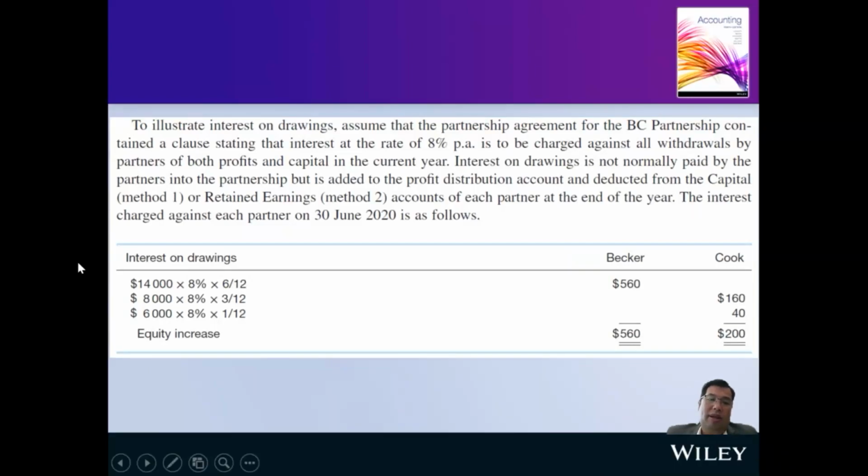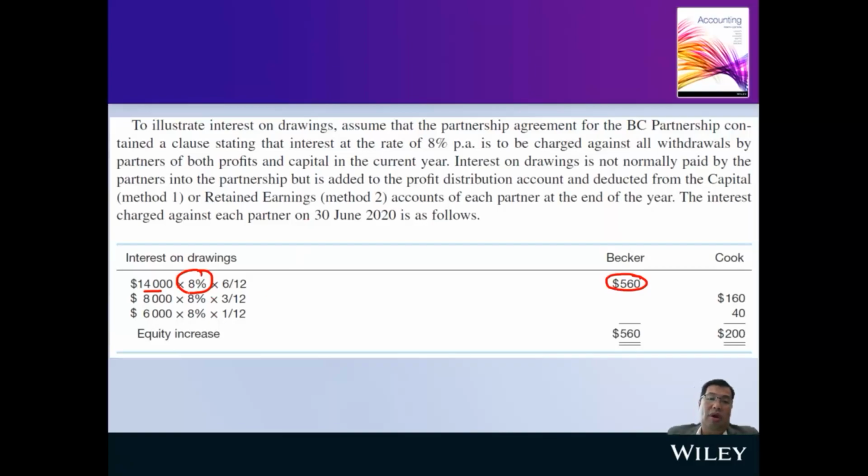For example, we're going to charge 8% interest per year. So Backer will draw 14,000. So 14,000 multiplied by 8% multiplied by 6 over 12. So this is the amount that we're going to charge Backer. Backer has to pay 5,600. Normally they don't pay. They offset with their capital account.